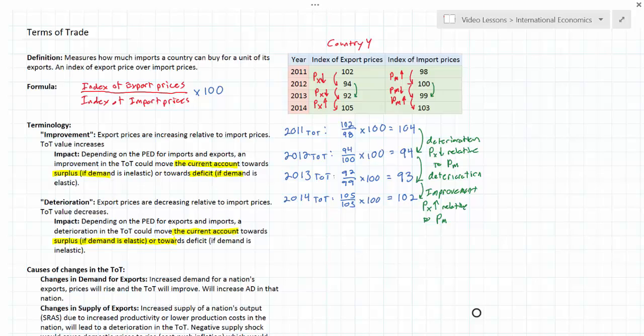An improvement is not always necessarily good for a nation, and a deterioration is not always necessarily bad for a nation. The responsiveness of consumers at home and abroad to the change in the price of exports and imports will ultimately determine how aggregate demand, output, inflation, and employment in a nation are affected following a change in its terms of trade.